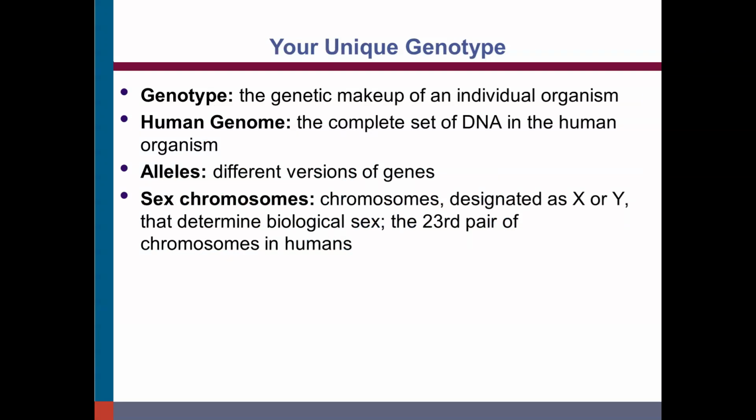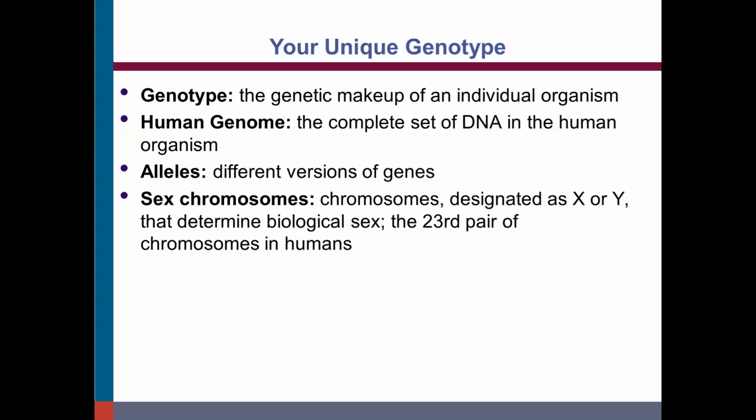Okay, so just as a gentle reminder here, we use the term genotype. I put this on here a couple of times because this is an important term. A genotype, remember, is our genetic inheritance. It's the genetic makeup of each individual organism. And then the human genome, right here, this term genome, is the complete set of DNA that each human being has.